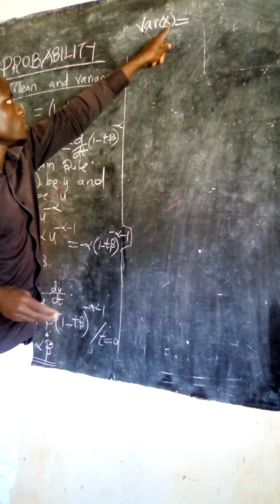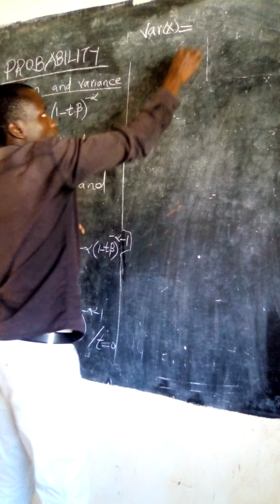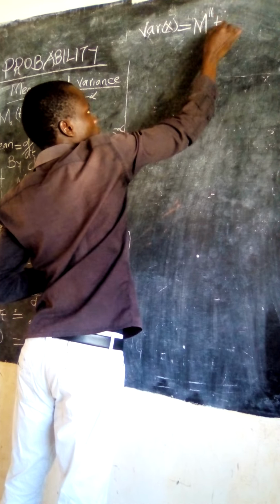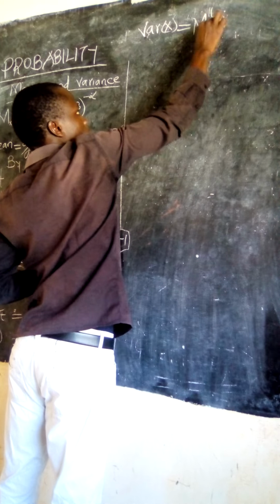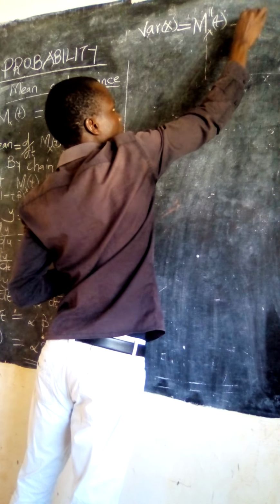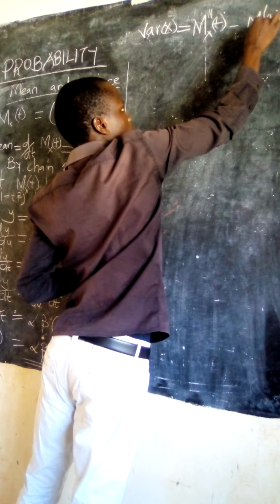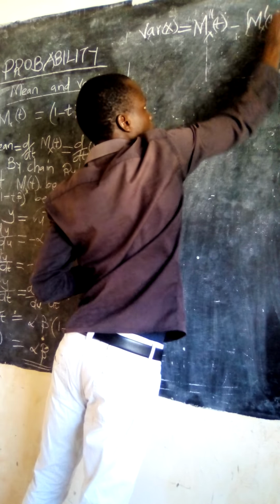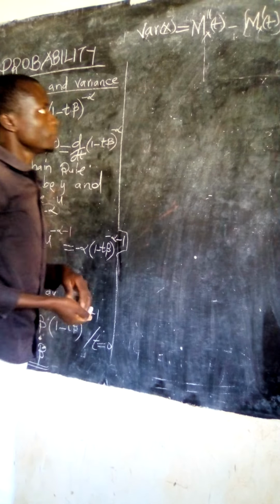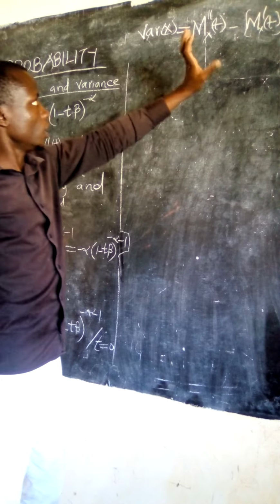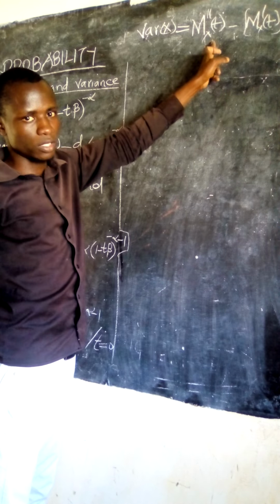The variance of x, the formula states that I need to get the second derivative minus the first derivative, then I square. Remember, the first derivative I've already gotten, that was the mean. My main task is only to get the second derivative.